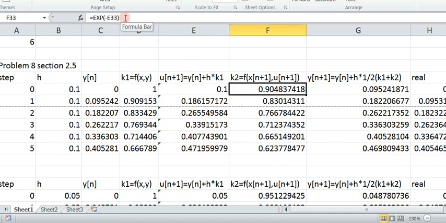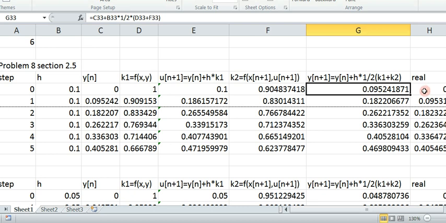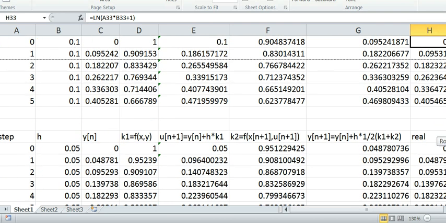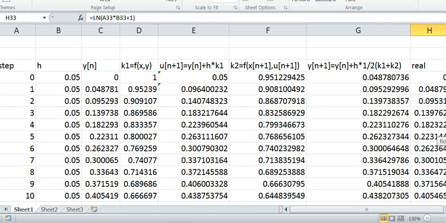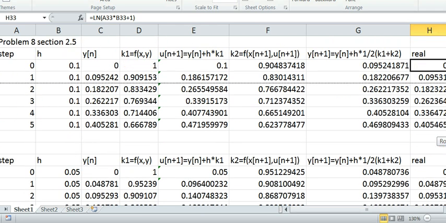E to the minus y. Real answer, natural log 0 plus 1, natural log of 1 is 0. And now we're pretty close there to the real answer too. And I did it all the way out to 1, although I didn't need to. But it does go out to 1.